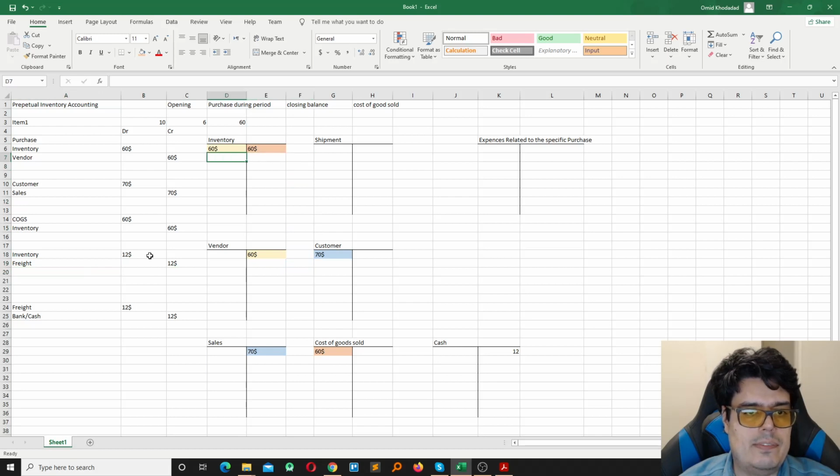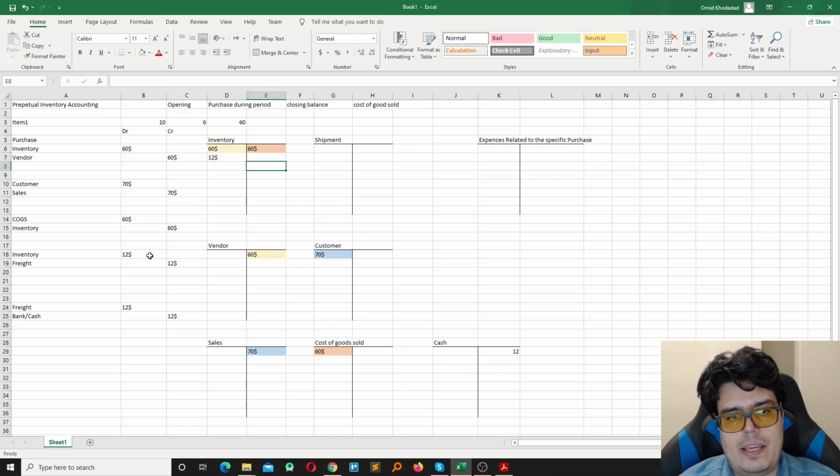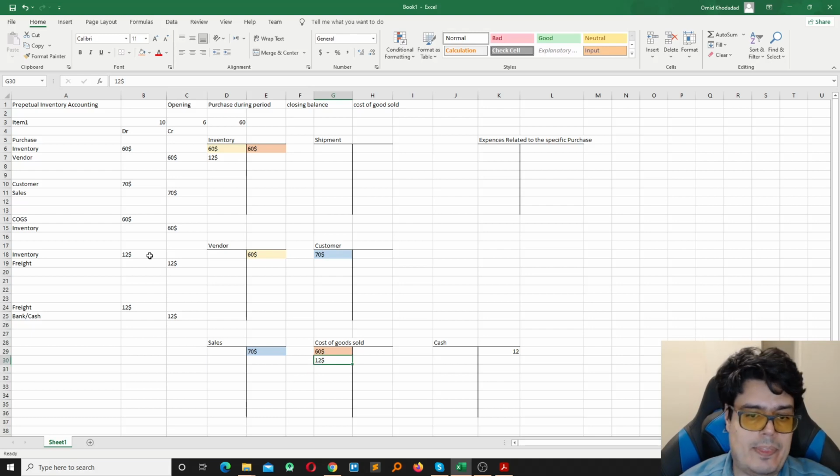So the inventory will be added as $12, and the cost of goods sold also has to be affected, which should add $12 somewhere in our accounting.